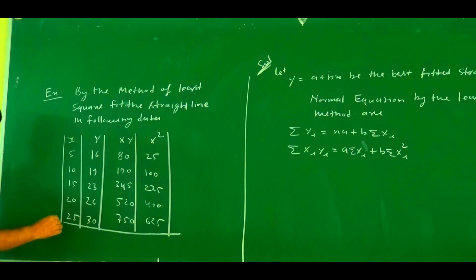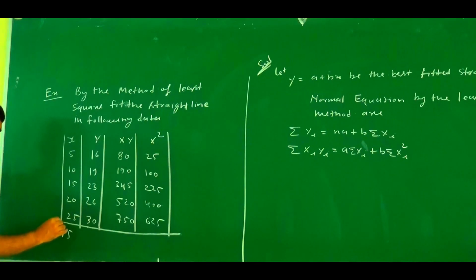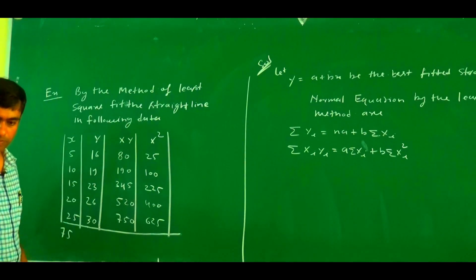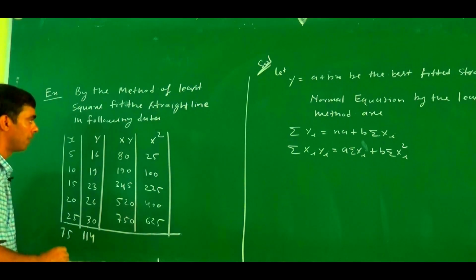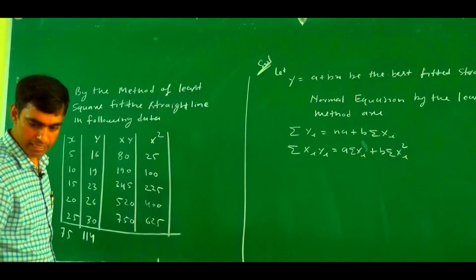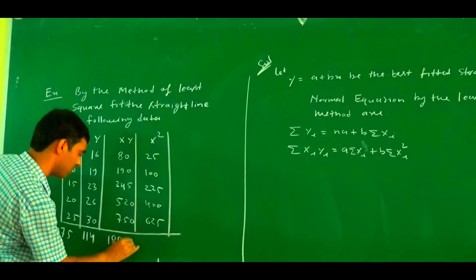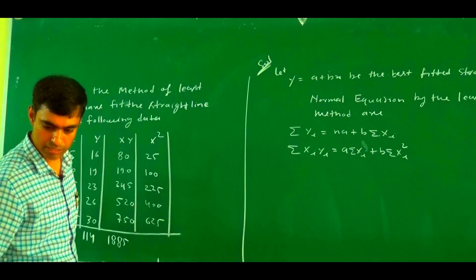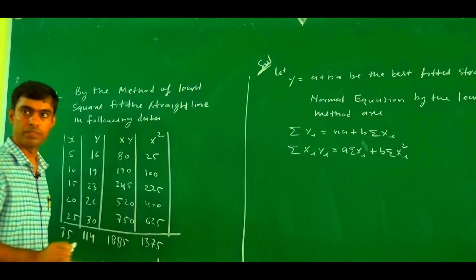I have already noted down the values for these sums. The sum of x is 75, the sum of y is 114, the sum of xy is 1885, and the sum of x square is 1375. These are the values.